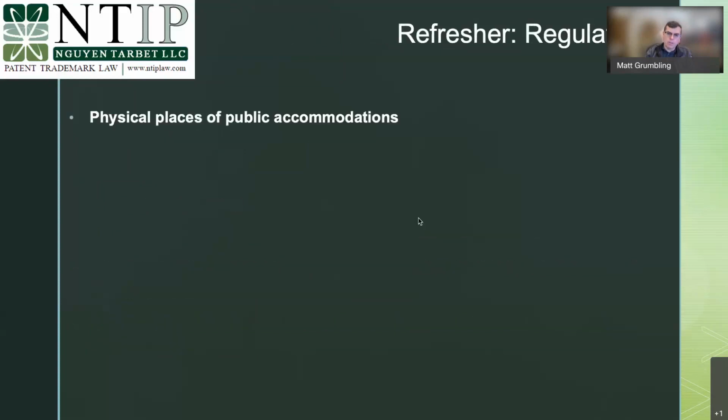So the regulations: physical places of accommodation are covered by DOJ regulations, and these are helpful because they sort of provide you a safe harbor. If you adhere to the DOJ established regulations, you're in pretty good shape.